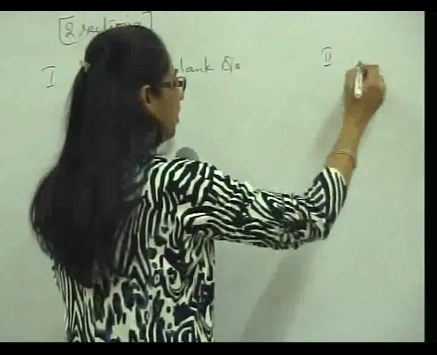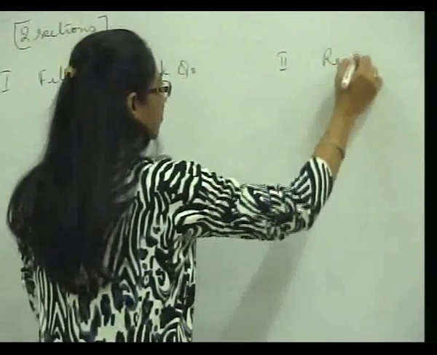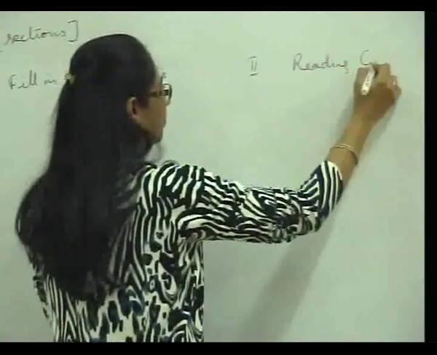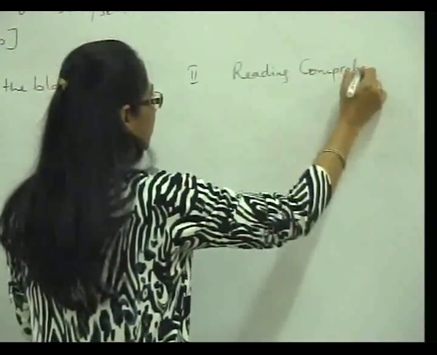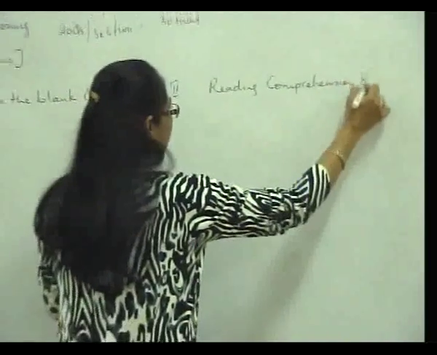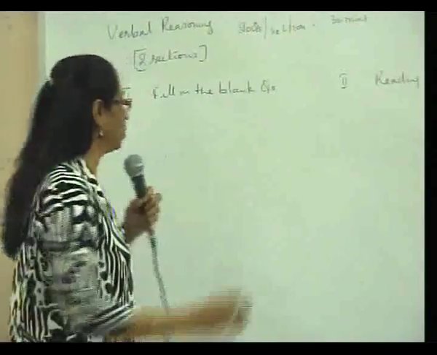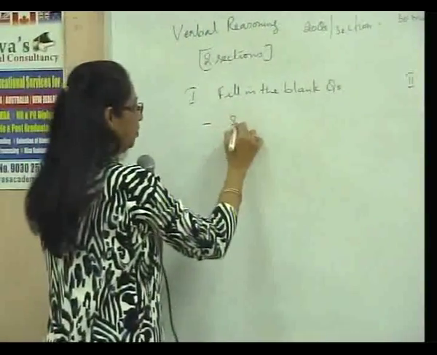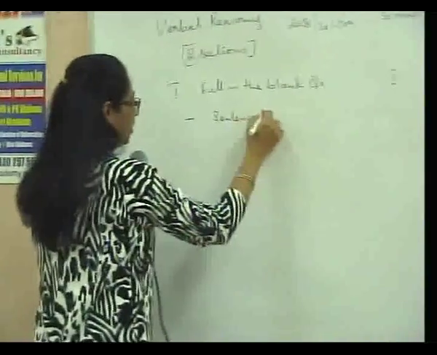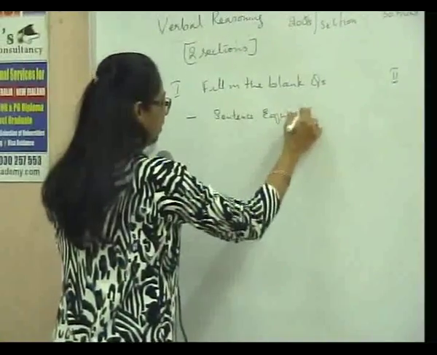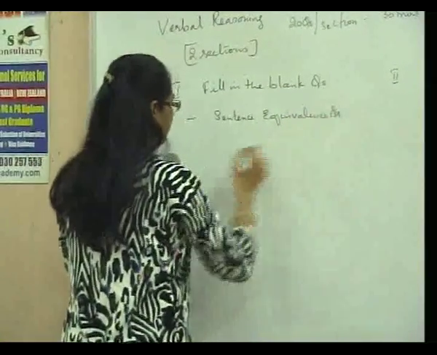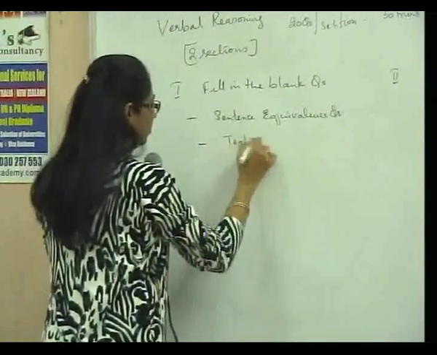The second falls under the reading comprehension questions. The fill in the blank questions, we have two types on the GRE. The sentence equivalence questions and the text completion questions.